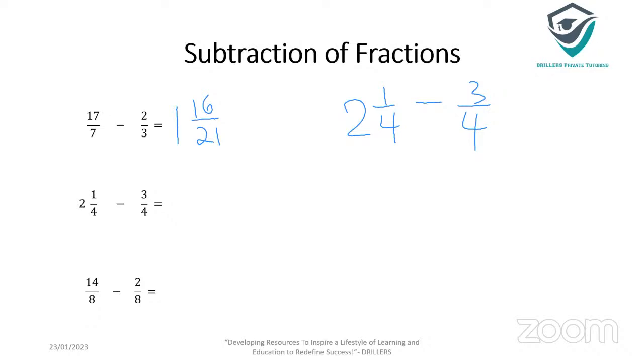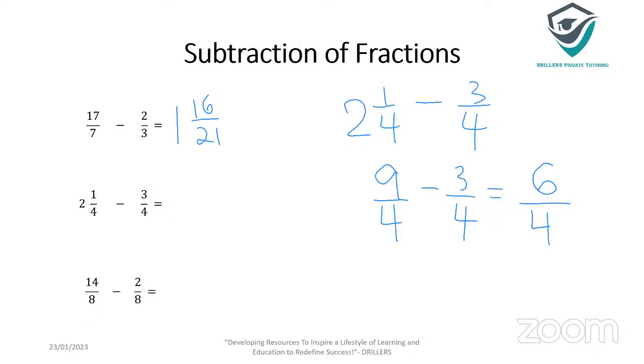So 2 multiplied by 4 is 8 plus 1 is 9. We get 9 over 4. Take away 3 over 4. So 9 take away 3 will give 6. And we keep our denominator, which is 4.